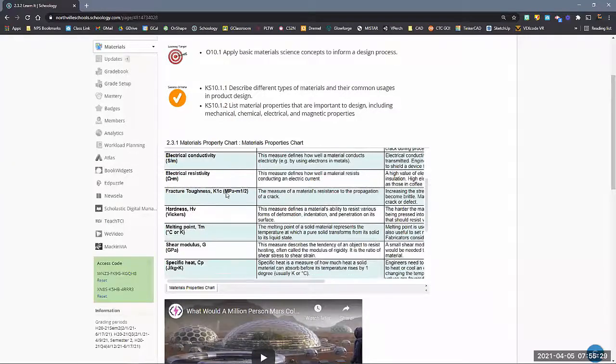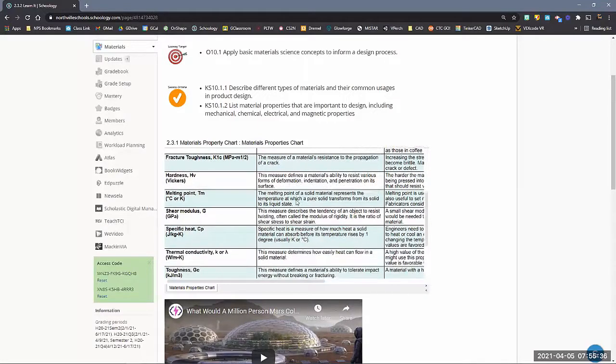You have your fracture toughness. How much resistance does it have to cracking? There's the hardness test. How much does it deform? Indentation, penetration on the surface. Your melting point, at what temperature does it melt? Your shear modulus, how much can it twist. It's the ratio of shear stress compared to strain.